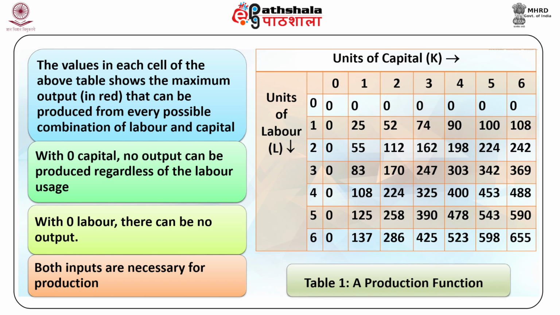The values in each cell of the above table show the maximum output, in red, that can be produced from every possible combination of labor and capital. Note that with zero capital, no output can be produced regardless of the labor usage. Similarly, with zero labor, there can be no output. This demonstrates an important point, that both inputs are necessary for production.